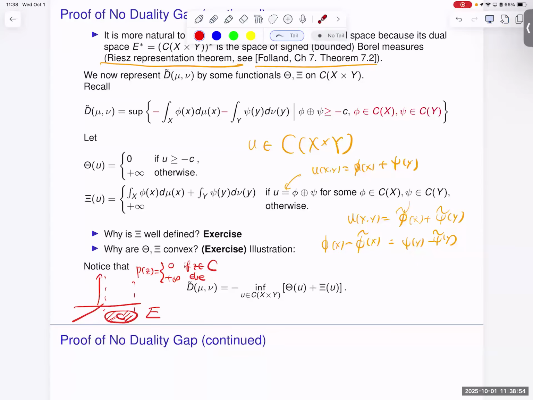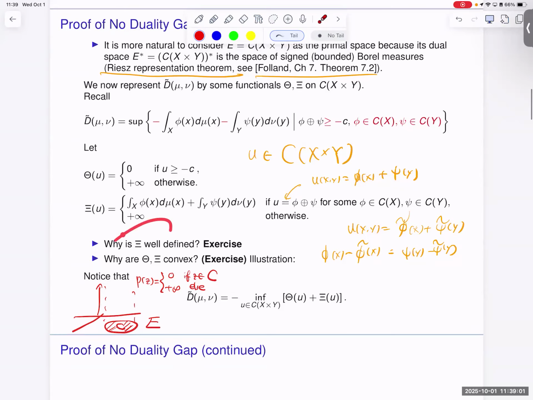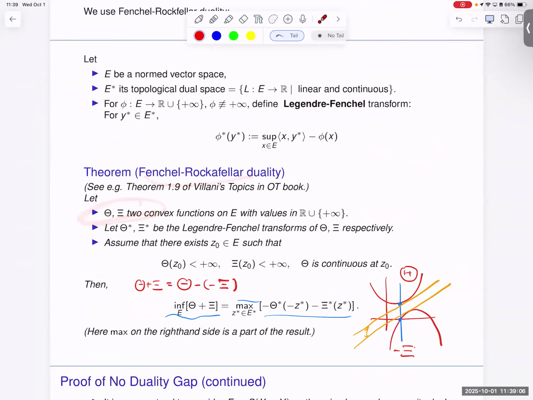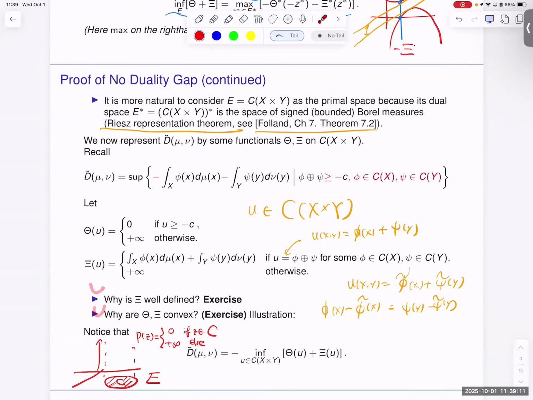Conditions on the functions being convex? Yeah, they are convex. I mean, in Fenchel-Rockafellar duality, we need them to be convex. Okay, first of all, we are checking those conditions. Here we just translate this condition into these functions.